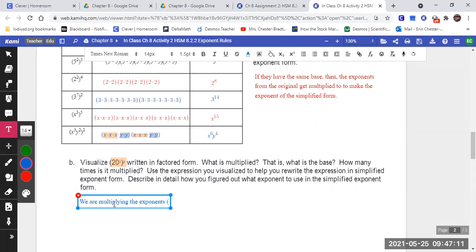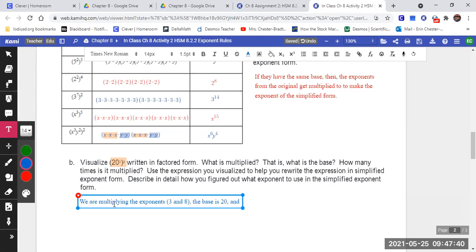Now, what are the exponents? What exponent numbers would we be multiplying together? Okay, 3 and 8. The base is 20.